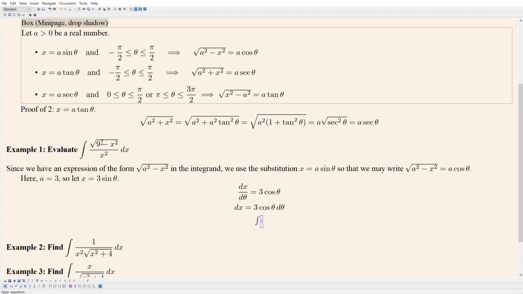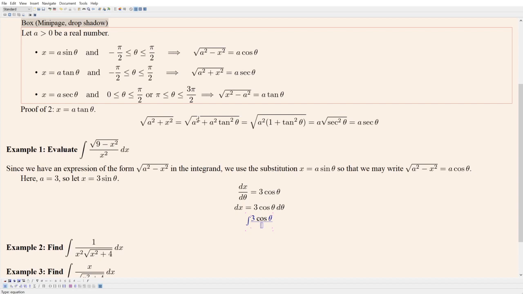And now we can start plugging things into our integral. On the top, we have square root of 9 minus x squared, but the whole point of making our substitution is so that we can replace this with a cosine theta. So instead of writing all of this, we write 3 cosine theta, right? Because a was equal to 3 in this case. Over x squared. Well, instead of x, we have 3 sine theta.